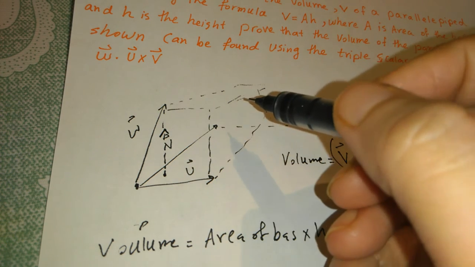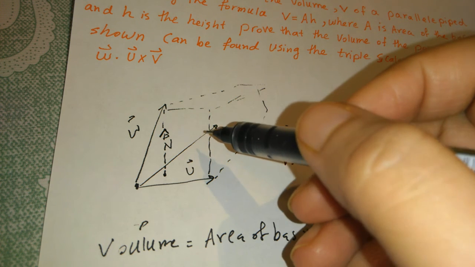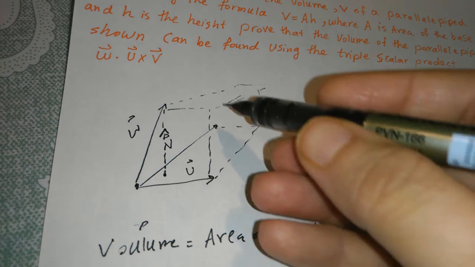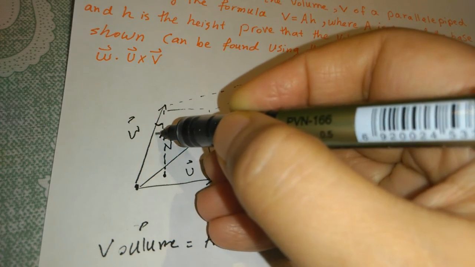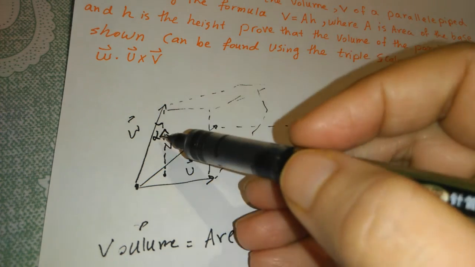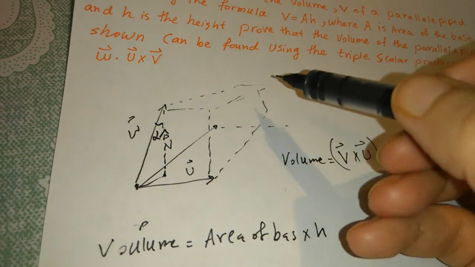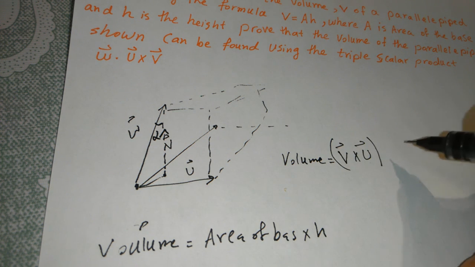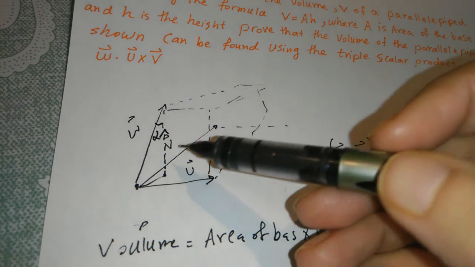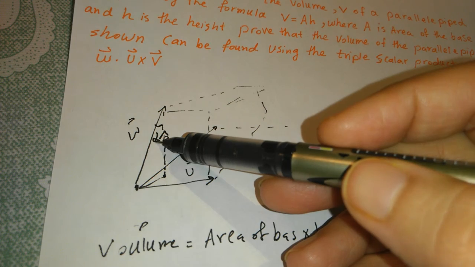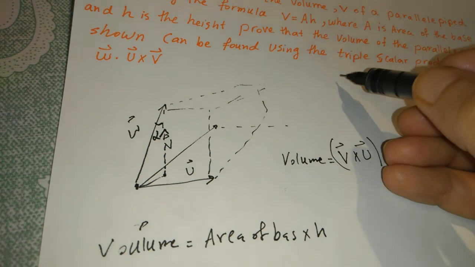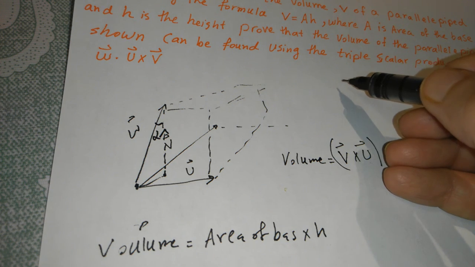okay, so the angle between these two is going to be alpha. The angle between this and W is going to be alpha. So according to this right angle triangle, what do I have?